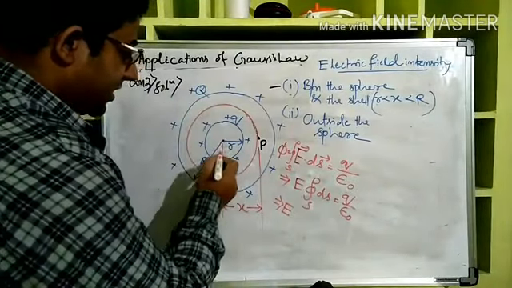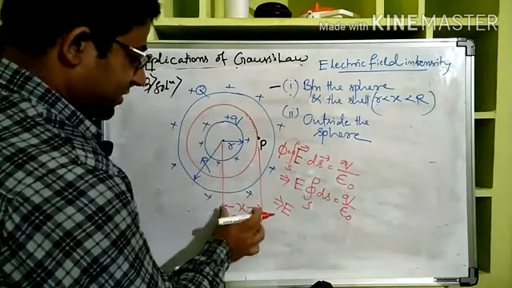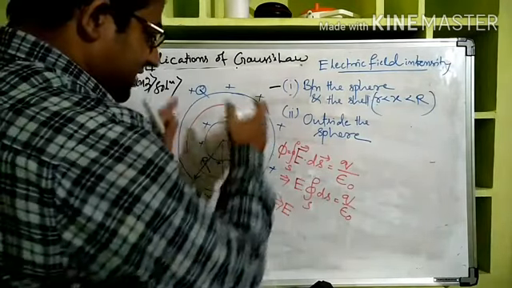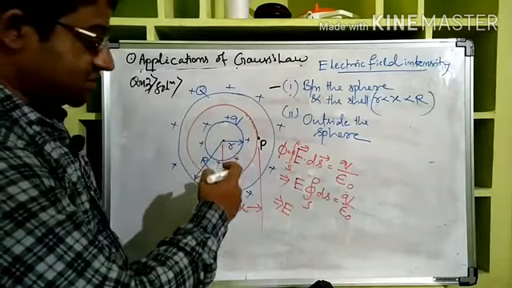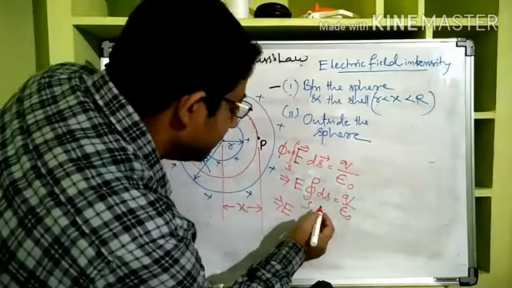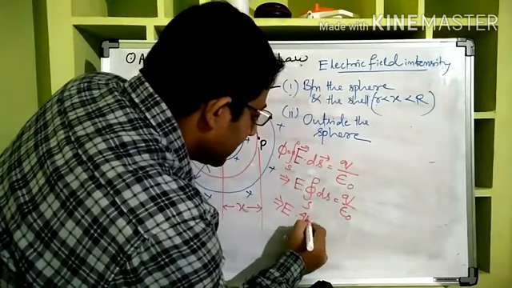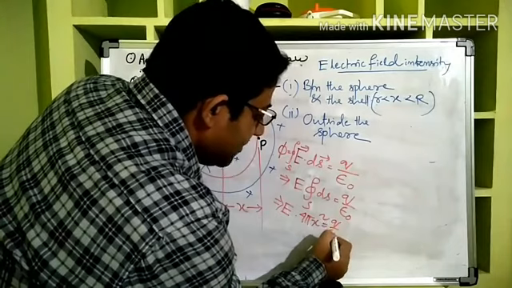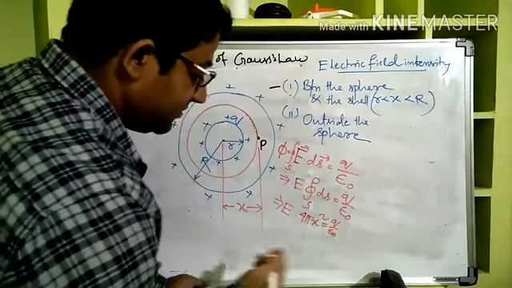Now from here to here, how much is the distance? X, isn't it? This is the radius of this red sphere, the imaginary Gaussian surface. Red is a Gaussian surface, it's not an actual spherical surface, we have imagined it. So the total ds is 4 pi x square, so E times 4 pi x square is equal to q by epsilon naught. Is it visible?